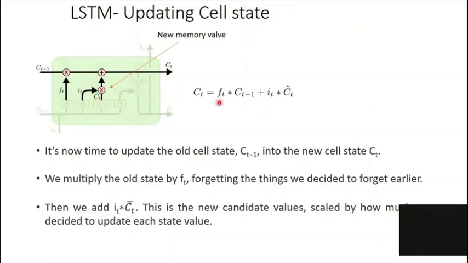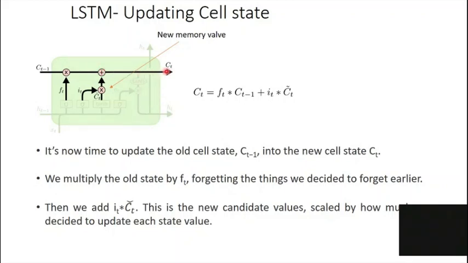So this is what happens. You have f of t into c of t minus 1 and I of t into c of t. So you can see here I of t into c of t forms this input which is coming from here, and then you have the previous instant what we have seen, the previous slides what we have seen, f of t into c of t minus 1 forms the output here, which comes here, it's added together, and you get the new memory which is c of t.